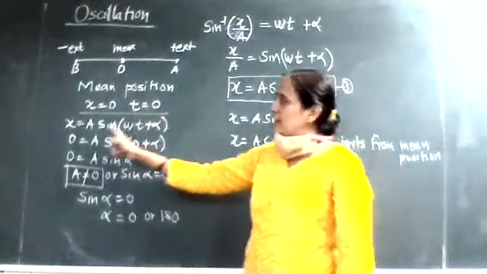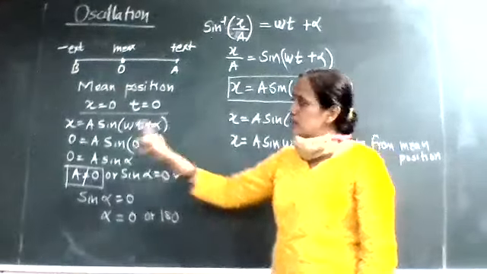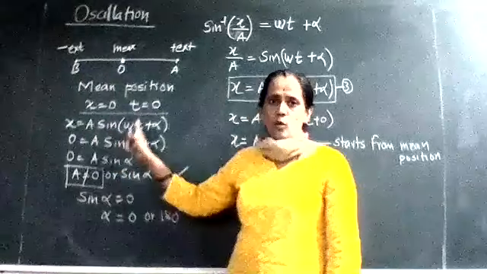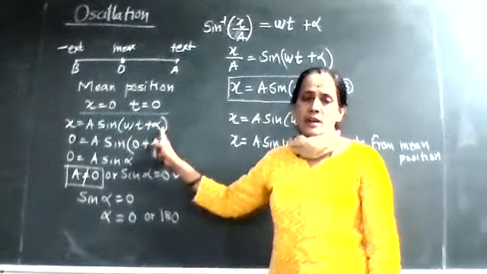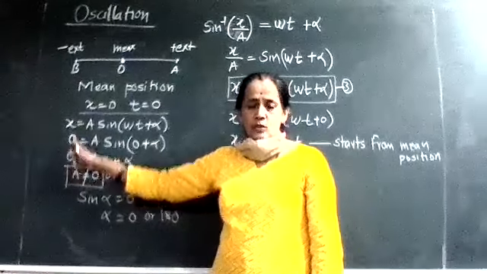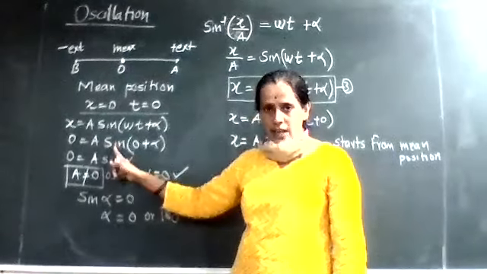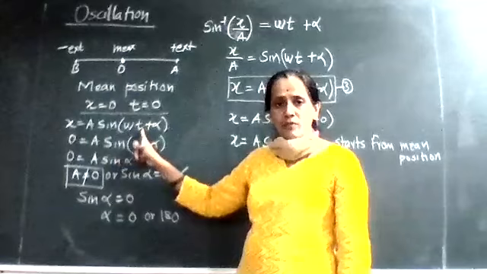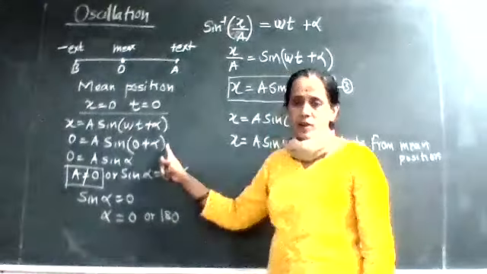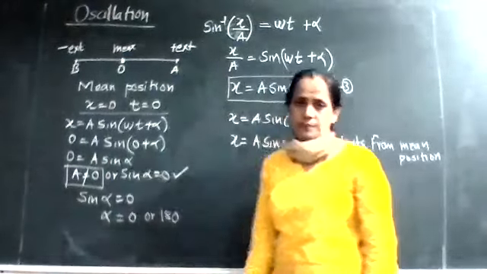By putting that condition in the displacement equation, our displacement equation is what? X is equal to A sine omega t plus alpha. In that equation, I'll put first x is equal to 0. So 0 is equal to A sine, t value I put 0, so 0 into omega means 0, plus alpha, I am getting 0 is equal to A sine alpha.